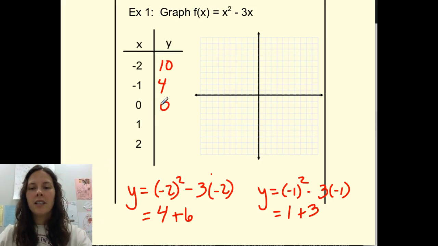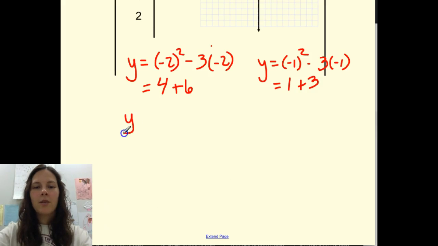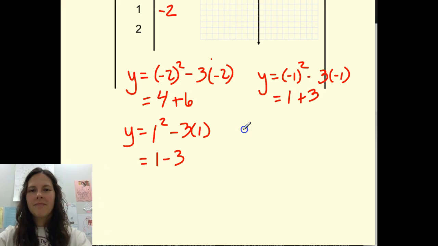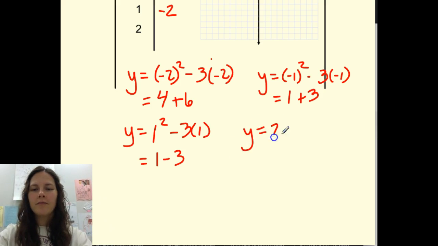If we put 1 into the function, we get 1 squared minus 3 times 1, which gives us 1 minus 3, or -2. And finally, substituting 2, we get 4 minus 6, or -2 again.